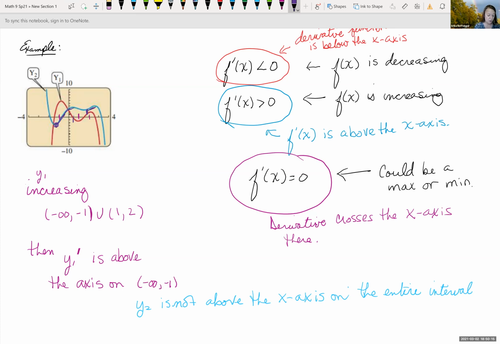When we're looking at where it's increasing, we're looking at the x values where it's increasing.